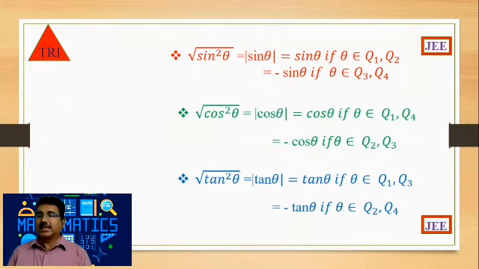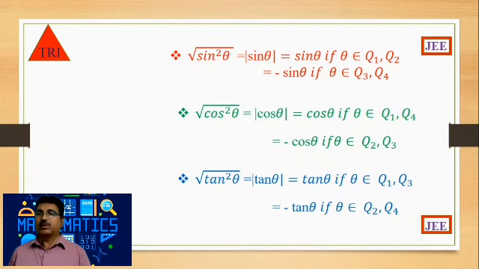When is root sine square theta equal to sine theta? If theta belongs to quadrant 1, quadrant 2, then sine theta is positive, then root sine square theta is equal to sine theta.